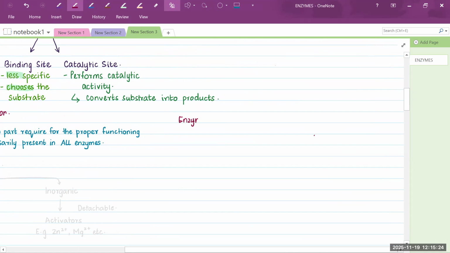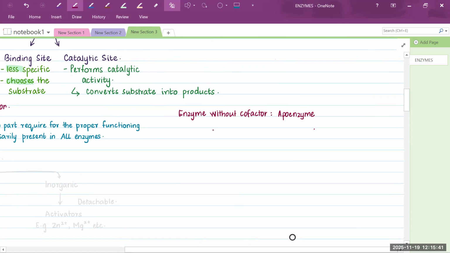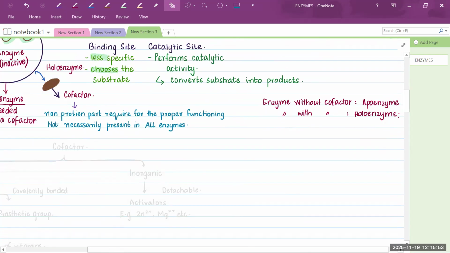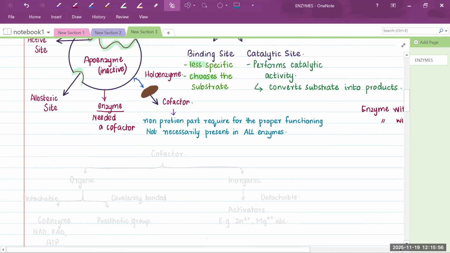Enzyme without cofactor is known as apoenzyme, and with cofactor it is known as holoenzyme. So this enzyme is the protein part and the cofactor is the non-protein part.